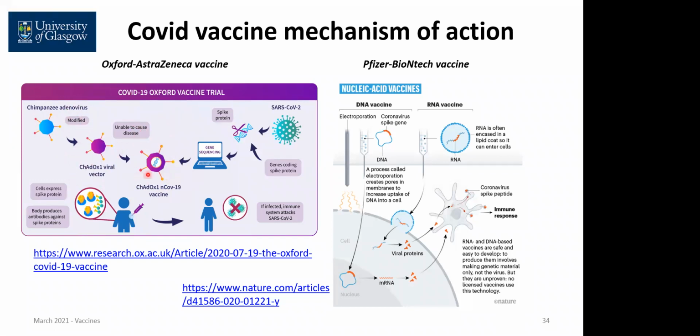They've used this virus as a vector for a SARS-CoV-2 spike protein. They produced this vector and identified the genes that encode the spike protein. The spike protein is found on the surface of the coronavirus. These are club-shaped spikes that are found in the outer coat of the capsid of the virus.